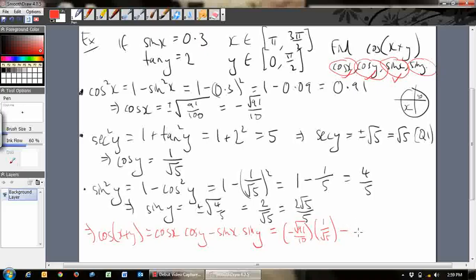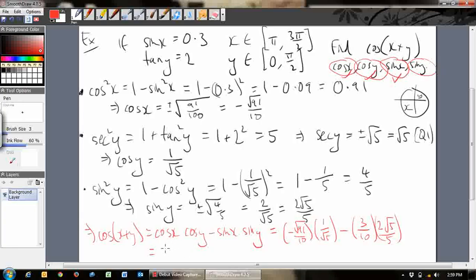Anyway, minus sine x, which we already told, is 3/10, and sine y was 2 root 5 over 5. So that's all your stuff, and then you just simplify that. Can we simplify it? It looks pretty horrible.